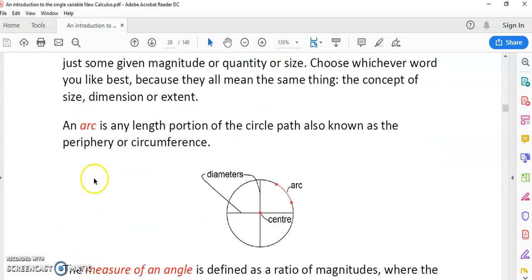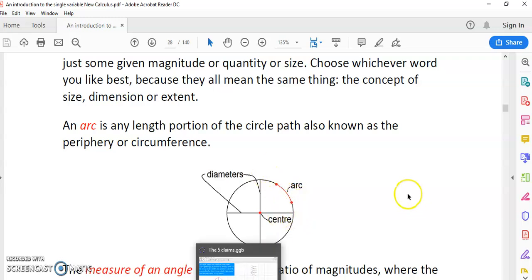Now, what is an arc? So we have to define arc too, and we'll say an arc is any distance portion or length portion of the circle path on the periphery, okay? So any particular arc like this is a distance, right?